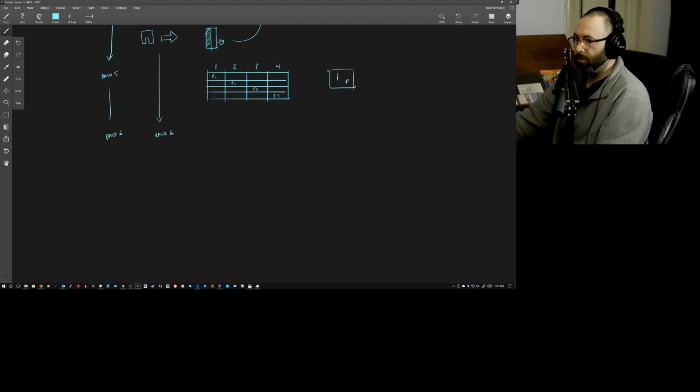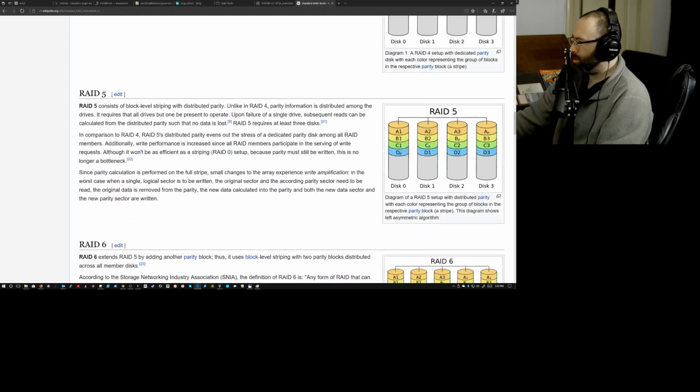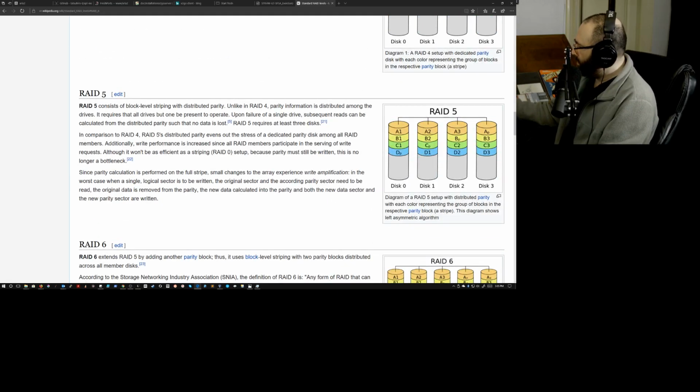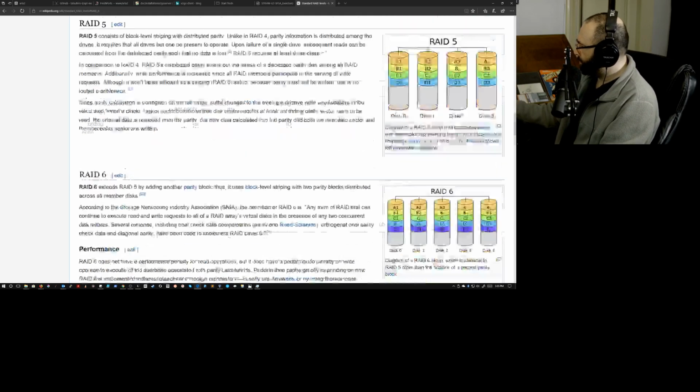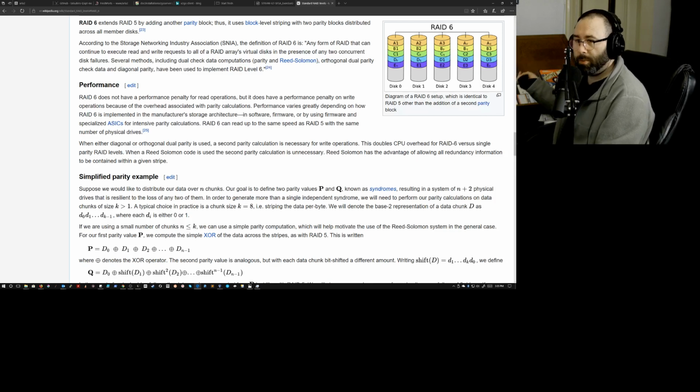So if I go back over here to my Wikipedia page and we scroll down, you'll see that the RAID 5 implementation here is basically the same thing as the RAID 6 implementation. The difference here is that we add a second disk, which is basically another copy of the parity values, right?